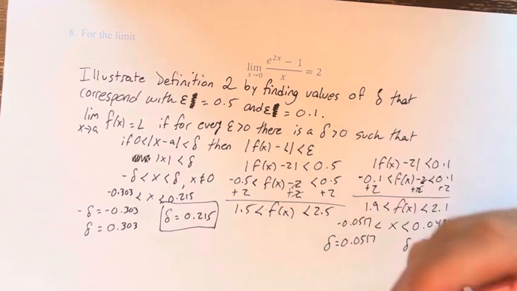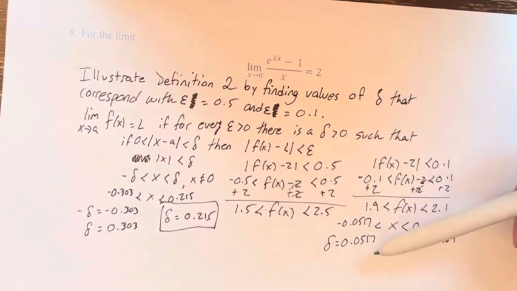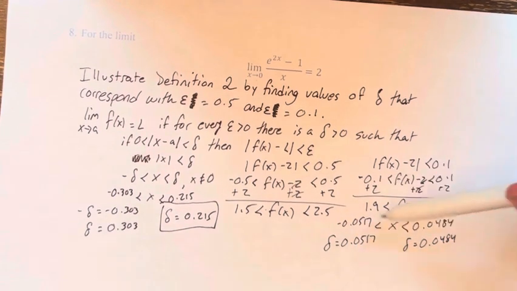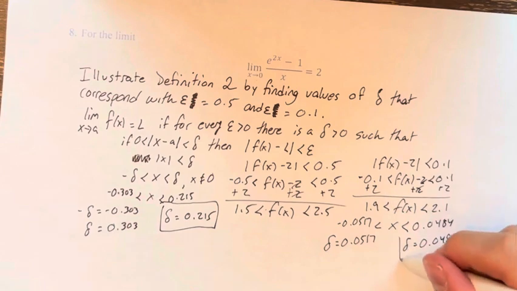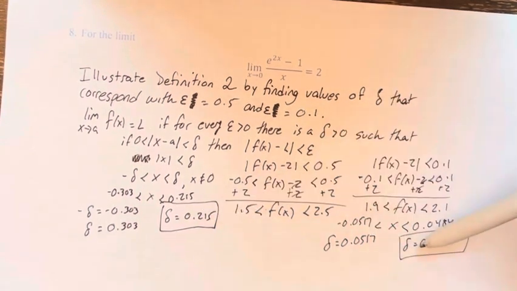Like we just said, we have to go with the more restrictive value, because the larger value is going to spit out values in the other direction that are outside of the range. Therefore, you go with the smaller value, and our two values of delta are 0.215 and 0.0484.